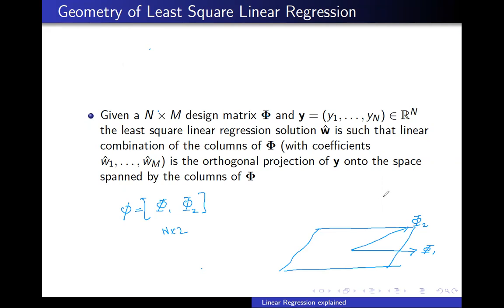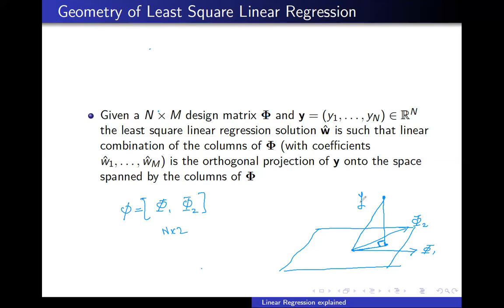And now let's say you have a y somewhere over here. So this is your y vector. Since your solution is going to be a linear combination of phi 1 and phi 2, any solution is going to lie within the space spanned by these. Essentially, that means if you make this orthogonal projection onto the space, so that this is a right angle, this is the best you can hope for.